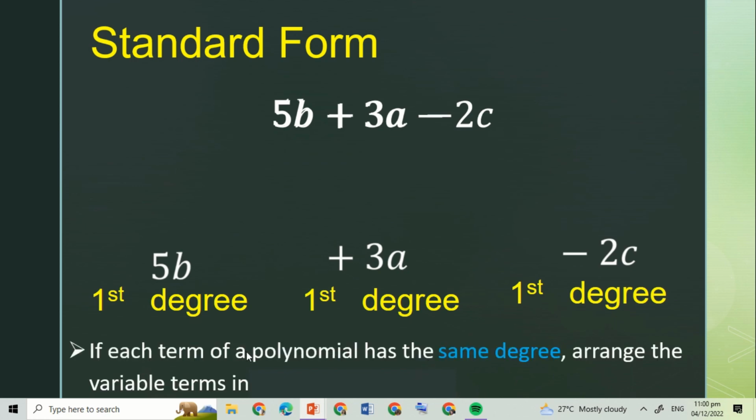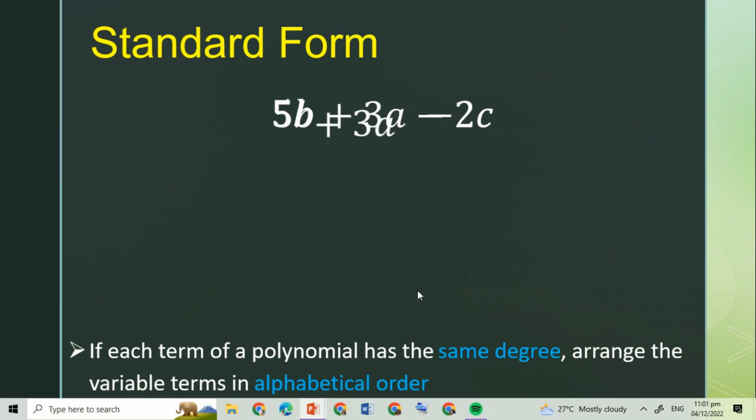If each term of a polynomial has the same degree, arrange the variables in alphabetical order. Therefore, the first term is 3a, so that is positive 3a. Since it will be the leading term, therefore we should remove the plus sign.